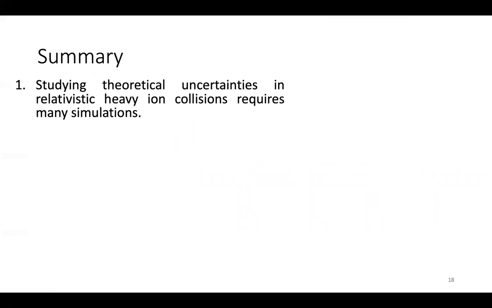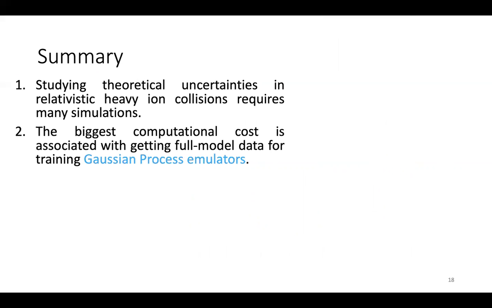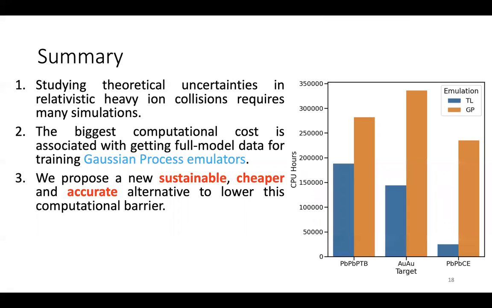So in summary, I first talked about how studying theoretical uncertainties in relativistic heavy ion collisions requires many simulations. And then we talked about how the biggest computational cost is associated with getting full model data for training Gaussian process emulators. In this work, we have proposed a new sustainable, cheap and accurate alternative to lower this computational barrier.